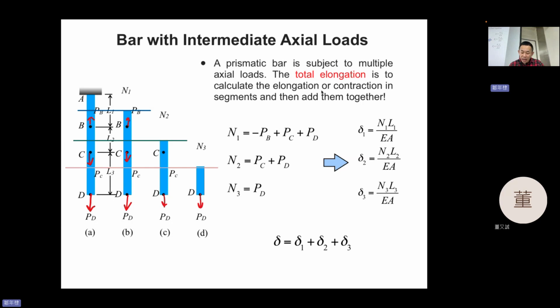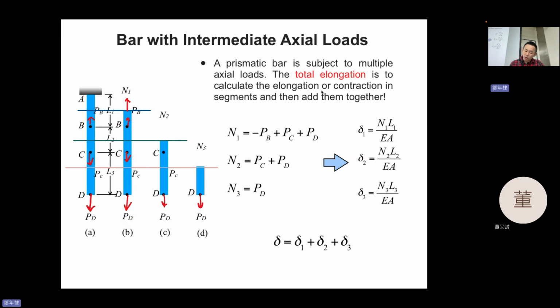So what is N1? N1 is the internal force in the AB section. So N1 plus PB minus PC minus PD will equal 0, right?